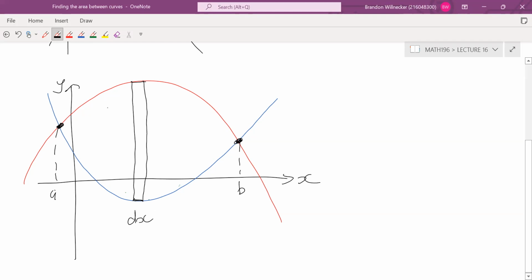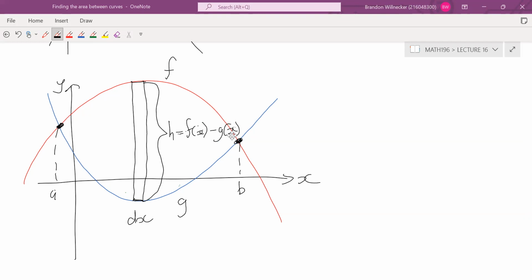Well, if the red curve is given by f and the blue curve is given by g, then this height is going to be the upper function f of x minus the lower function g. So this height h is given by f of x minus g of x. So we take the upper y value minus the lower y value, and that gives us the height.